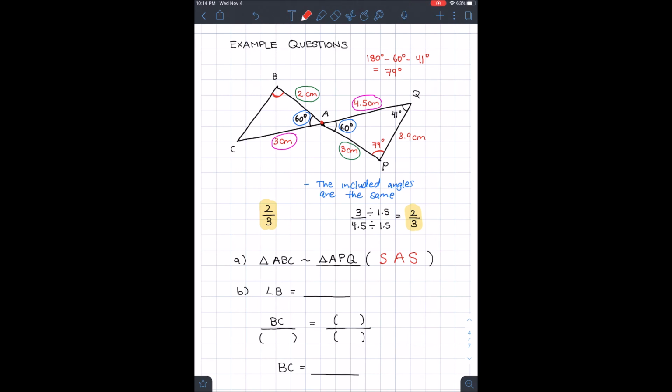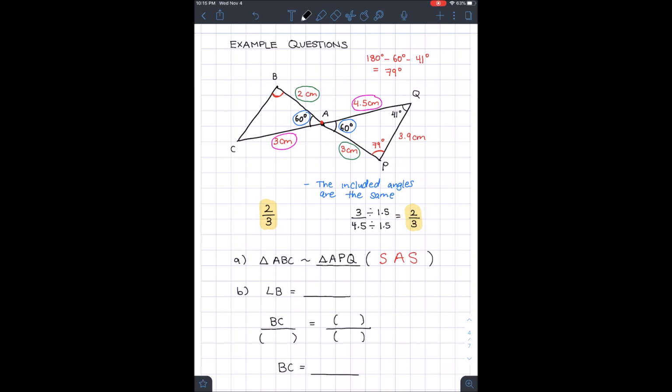Now we just have to figure out which angle on this triangle corresponds to angle B on this triangle. So we know that one angle is 79 degrees and the other angle is 41 degrees in the triangle on the right. But we have to find the angle on the triangle on the left, or angle B.